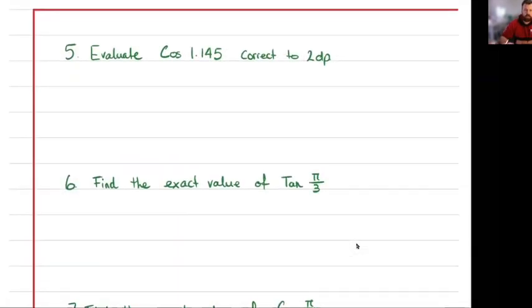Now we're back. I want to evaluate cos of 1.145 correct to 2 decimal places. Usually in the question somewhere previously, they'll give you the fact that what you're looking at is in radians. So I'm going to tell you that this is in radian measure now. So that has implications when it comes to our calculator.